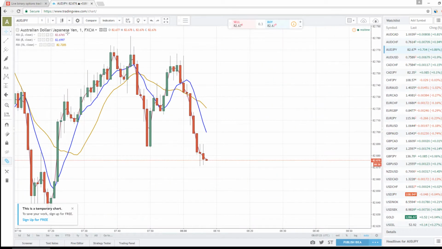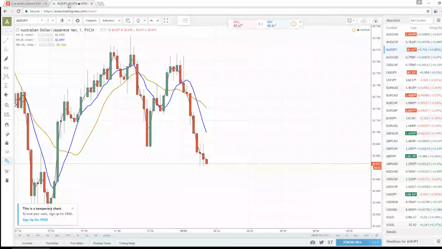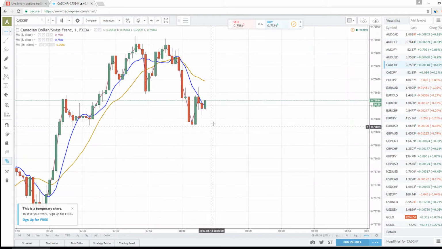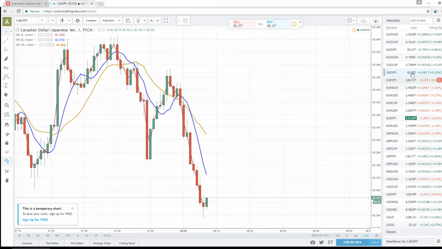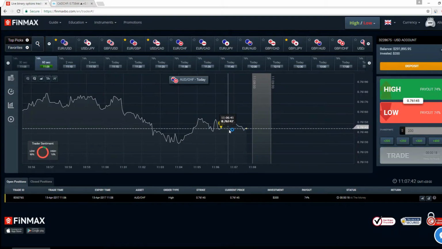Right now it's not going in a good direction for my trade, and meanwhile I'm checking the other assets. Right now something interesting as well: Canadian dollar to Swiss franc, also for high.